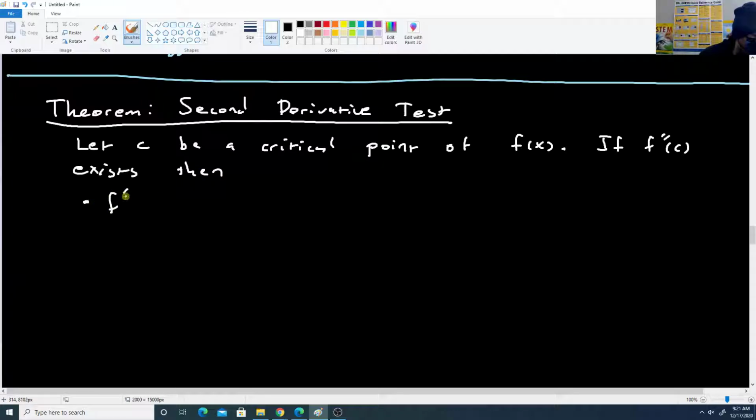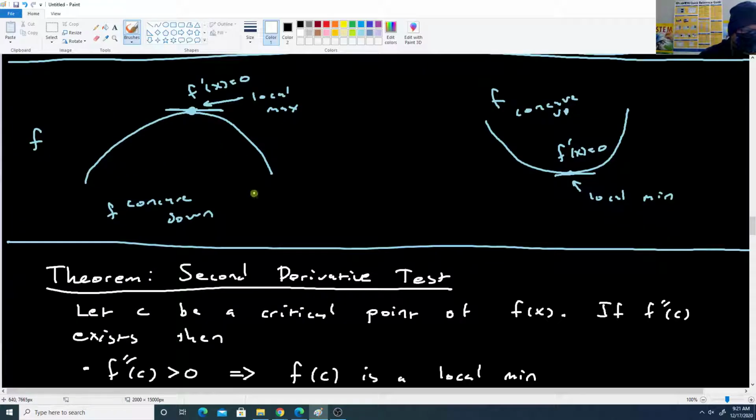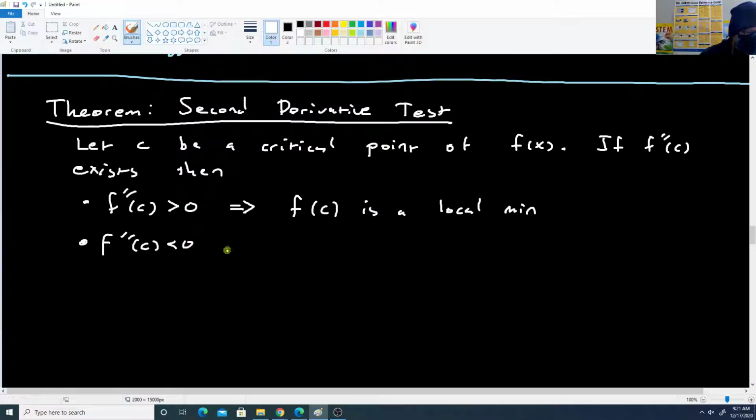If f double prime of C is greater than 0, that implies f of C is a local min. If you have a critical point and the second derivative is less than 0, that means you're concave down. So if you're concave down and you're at a critical point, that's going to correspond to a local max.